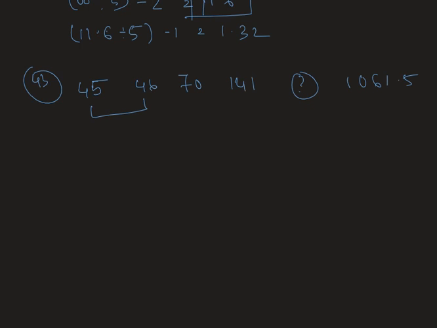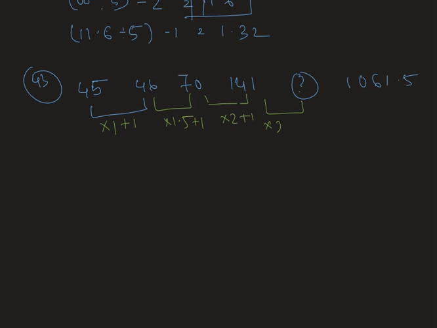Here if we multiply 1 with 45 and then add 1, we get 46. Then if we multiply 1.5 with 46 and then add 1, we get 70. If we multiply by 2 then add 1, we get 141.